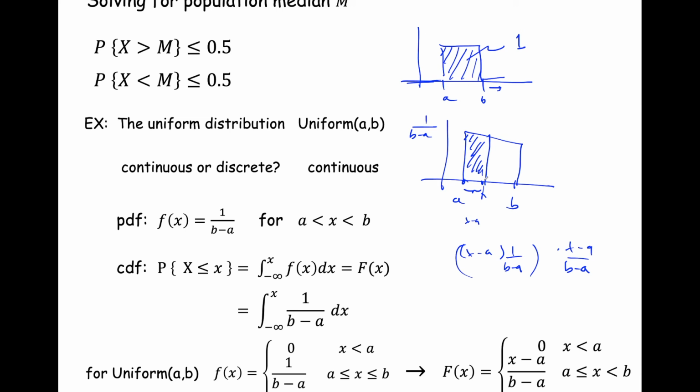So now we can use the CDF along with the definition for what the population median is, and we can solve for it. So if the P of X greater than m is equal to 0.5, because 0.5 is the biggest that it can be, this means that the CDF evaluated at m is equal to 0.5, because the CDF is cumulative, and so we're looking at all those values that are bigger.